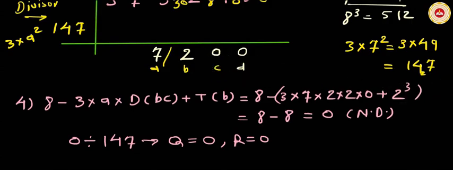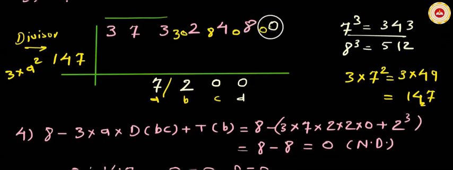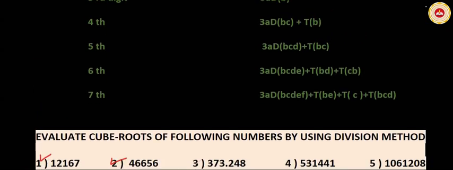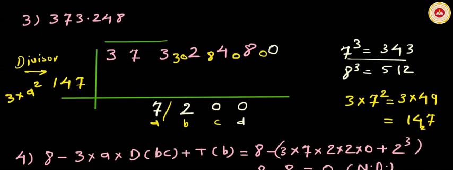So gross dividend 0 minus this term, which is 0, is 0. So the net dividend will be 0, and obviously the quotient and remainder will be 0. No point in carrying out further division.